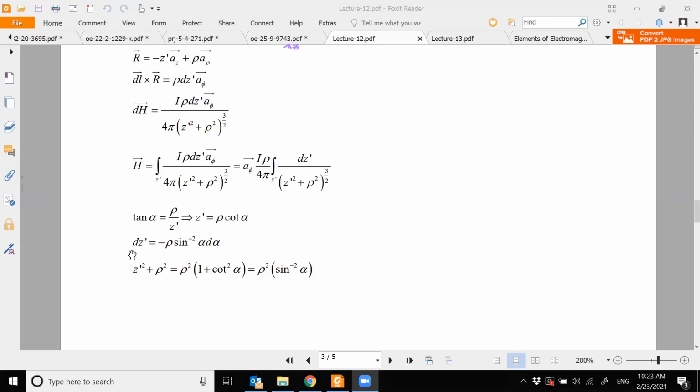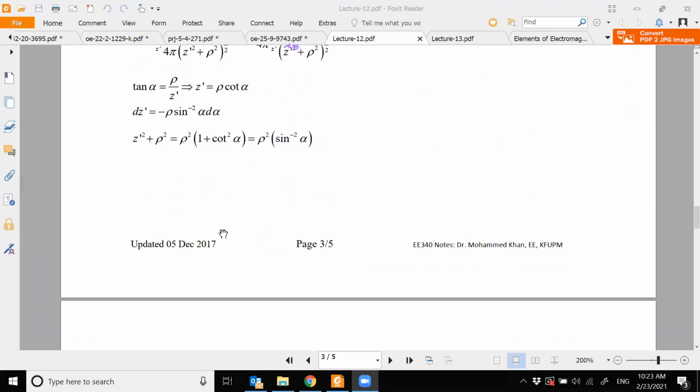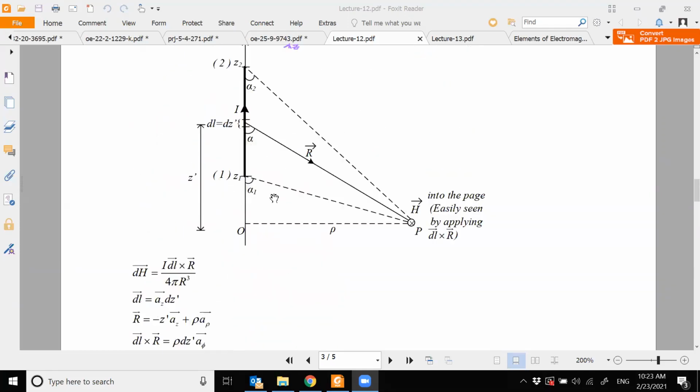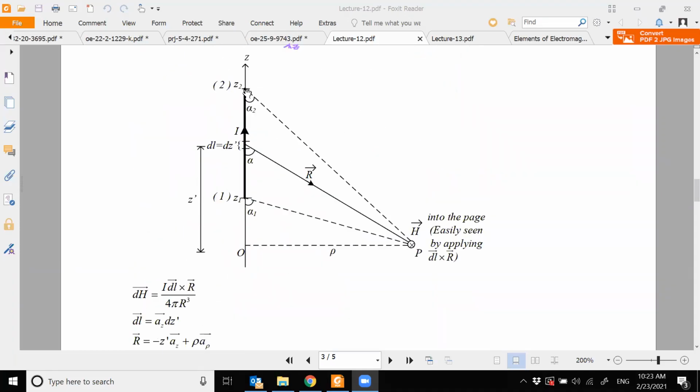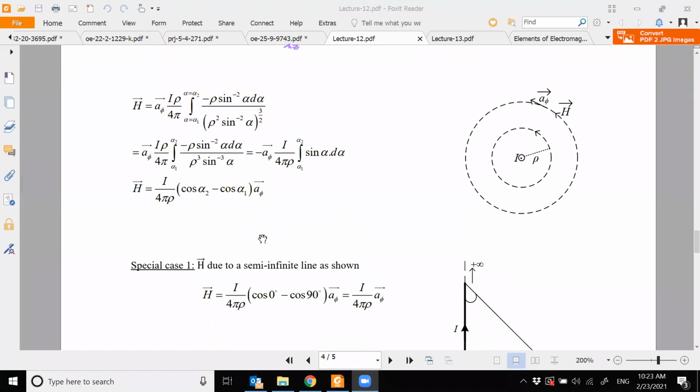Then you should take care of what dz' is and what z' squared plus rho squared is. When you substitute all these, instead of z' we will integrate in terms of angles, from alpha 1 to alpha 2. If you do that and simplify, this is the answer that you will get.